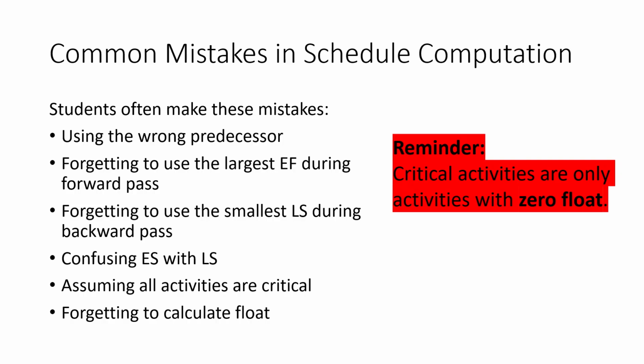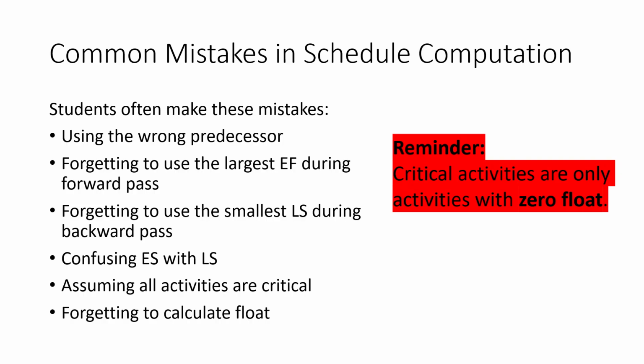There are several common mistakes students usually make when doing schedule computations. The first mistake is using the wrong predecessor. If the predecessor is wrong, the whole calculation will also be wrong. The second mistake is forgetting to use the largest EF during forward pass.